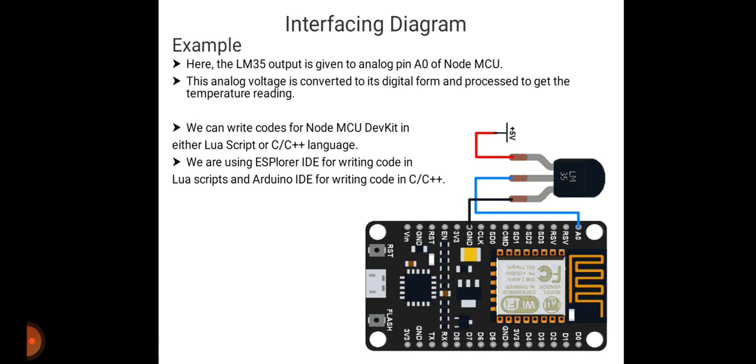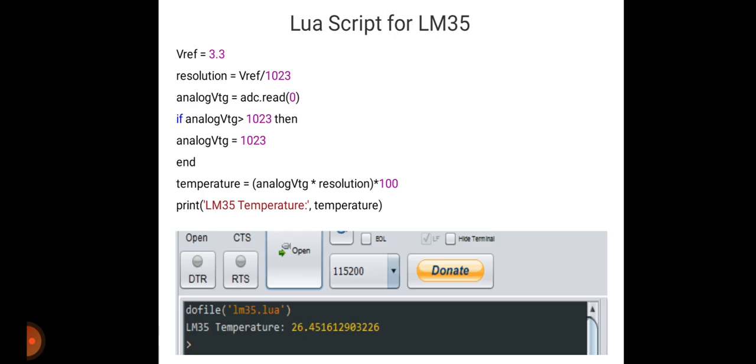Then we will see what the Lua script for LM35 is. Lua script, as I told you, is a programming language. Lua is a lightweight, high level, multi-paradigm programming language which is designed primarily for embedded systems applications or Internet of Things applications.